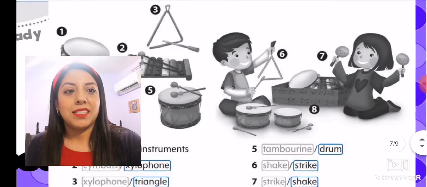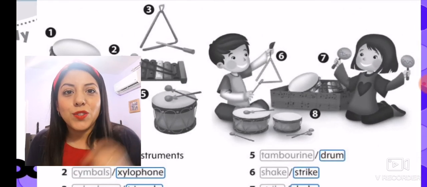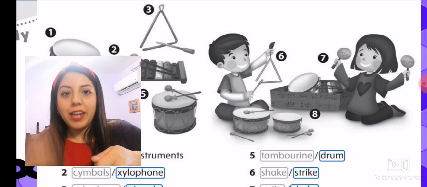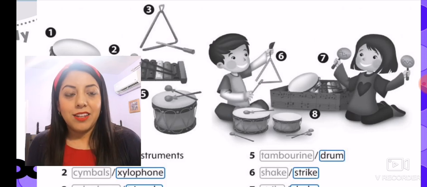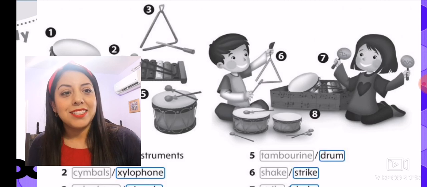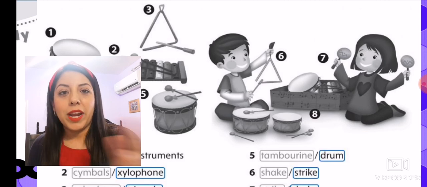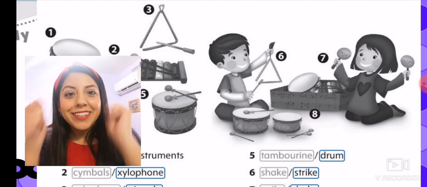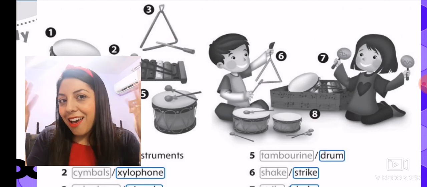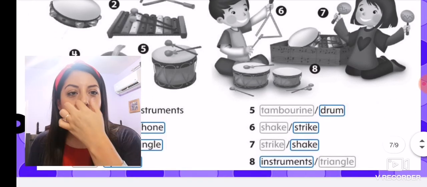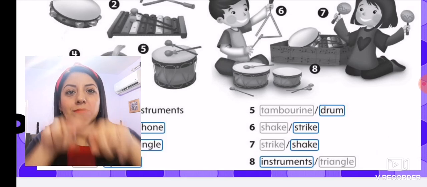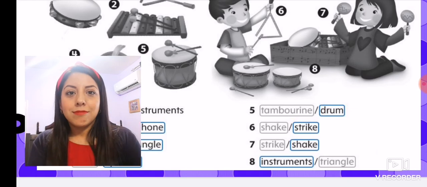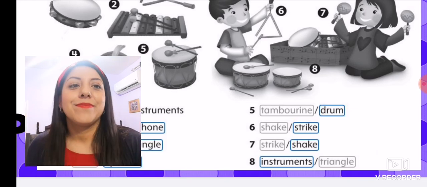Now, the number 6, the boy is striking, remember, striking the triangle. The number 7, the girl is what? Striking or shaking? She's shaking the maracas. The number 8, what is the number 8? We're talking about instruments. That's right.